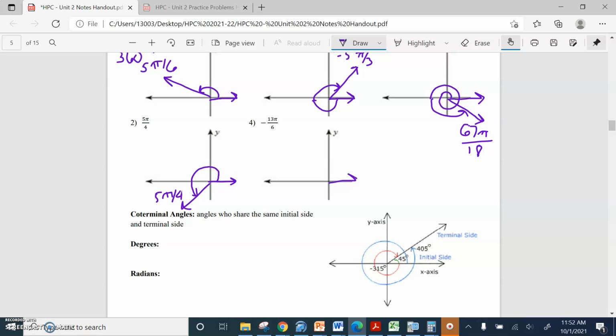Again, standard position, we start to the right on our initial side, and go backwards, so clockwise. If I look at 13 over 6, I know that 6 is halfway around, 12 pi over 6 is 2 pi, and we're 1 more sixth past that. And that's your negative 13 pi over 6.